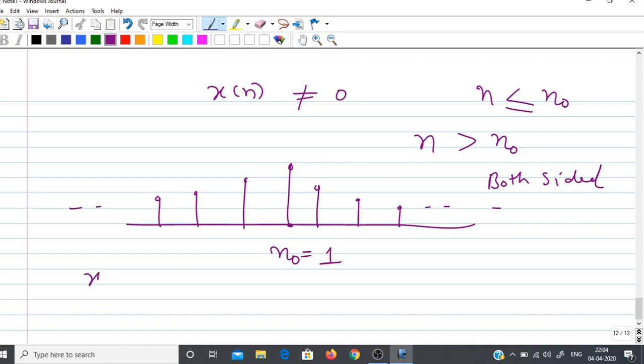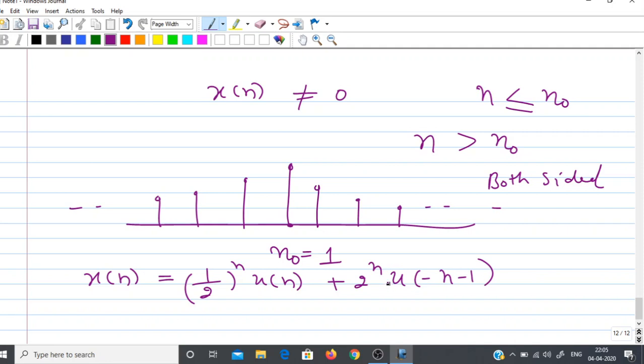For example, x of n is half to the power n u of n plus 2 to the power n u of minus n minus 1. Here the sequence has values half to the power n for n greater than or equal to 0, and it has values 2 to the power n for n strictly less than 0.